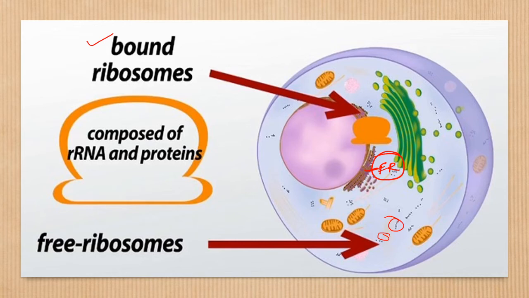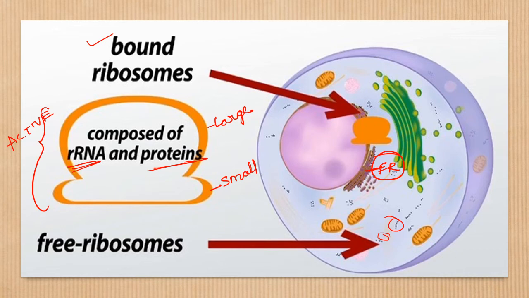Now, these ribosomes are composed of rRNA as well as proteins. When they are in active form, they are made up of a large unit and a small unit.